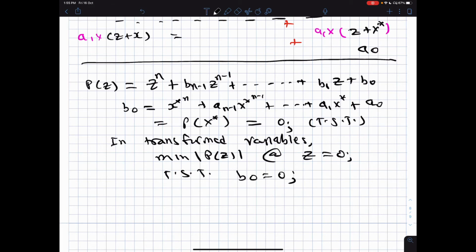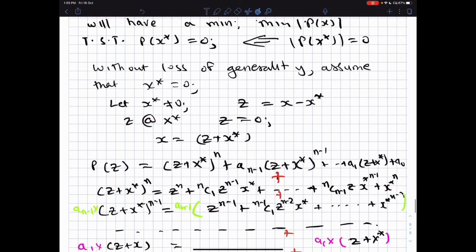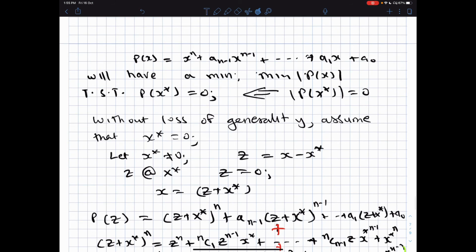People would usually compress all this into one statement, which I made earlier: without loss of generality, assume that x star is equal to 0.